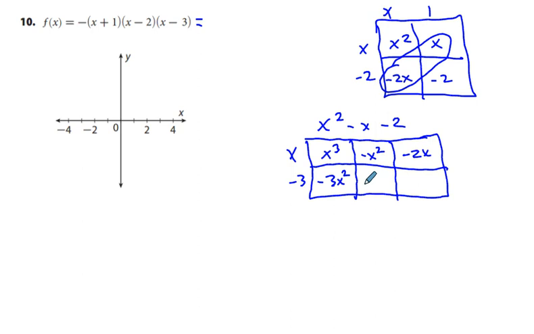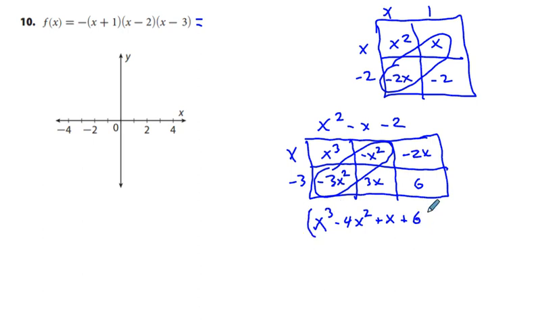Negative 3 times negative x is going to be positive 3x. Negative 3 times negative 2 is going to be 6. So we have x cubed, and then negative 3x squared minus x squared, so minus 4x squared. And we have 3x minus 2x, that's going to be plus x plus 6.